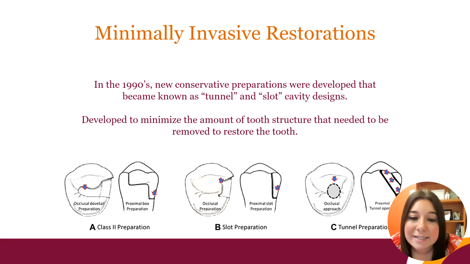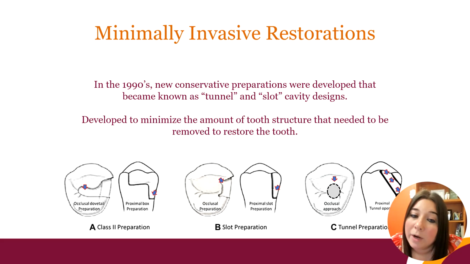It's designed to minimize the amount of tooth structure that needs to be removed in order to restore the tooth. As you can see in these pictures, A represents a typical class 2 preparation where, yes, we're getting that interproximal decay out, but we're also removing a good portion of that occlusal as well, just for retention purposes. And then letter B is showing you what a slot preparation is.